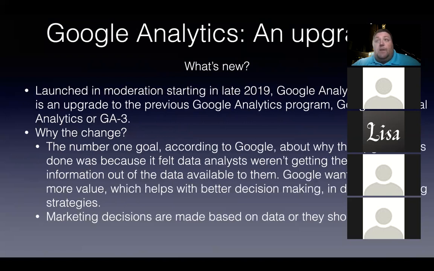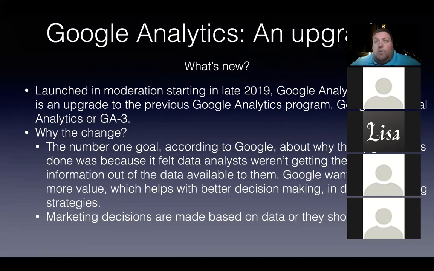All right, so here we go. So what is new? It's been launched in moderation since 2019. Google Analytics 4, or GA4, is an upgrade to the previous Google Analytics program, Google Universal Analytics, or GA3. Now, why the change?